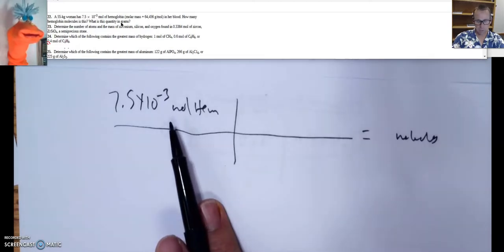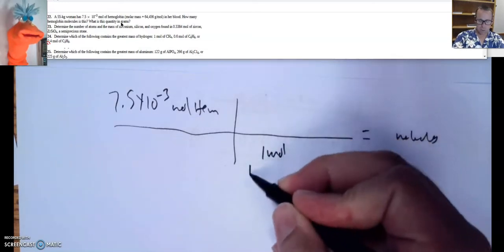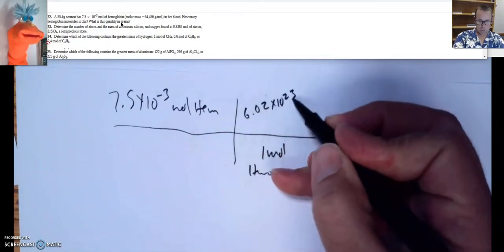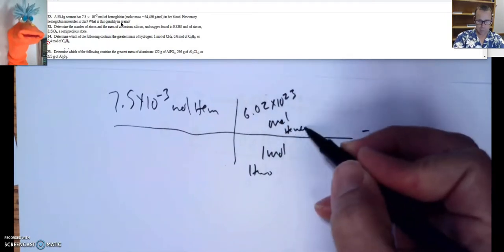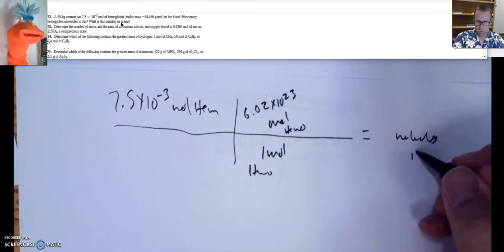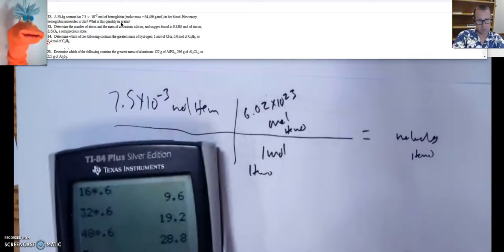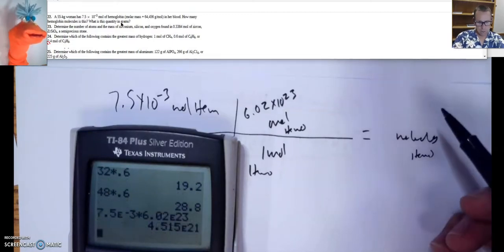So if this is how many moles of the stuff I have, I know that every mole of hemoglobin has 6.02 times 10 to the 23rd molecules of hemoglobin. So, if I want molecules of hemoglobin, I'm going to take this times how many things there are in a mole. All right? So 7.5 times 10 to the -3 times 6.02 times 10 to the 23. That should give me my answer.